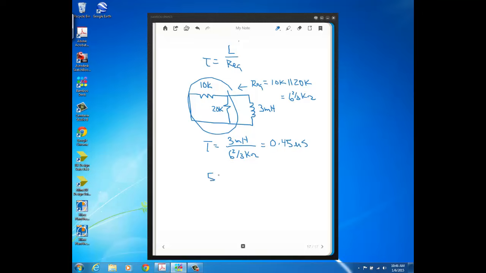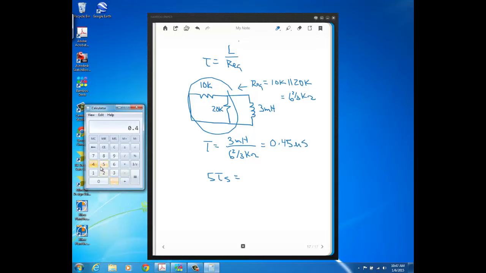So 5 taus comes out to, let's see, 225 microseconds. Actually, if we get the calculator here, we got 0.45 times 5.